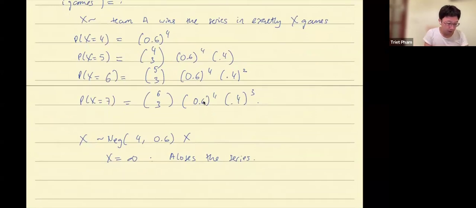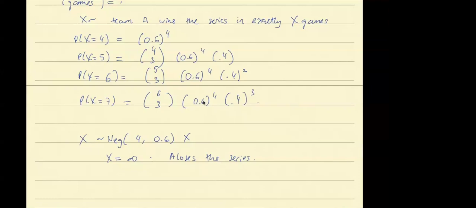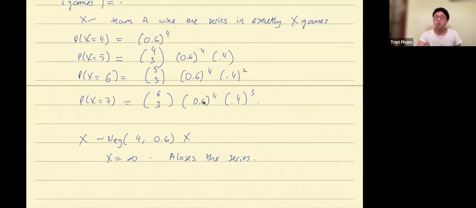All right. Any question? Is it possible to restrict the range of X to make it fit this distribution? Okay, you have to be more clear on what that means.